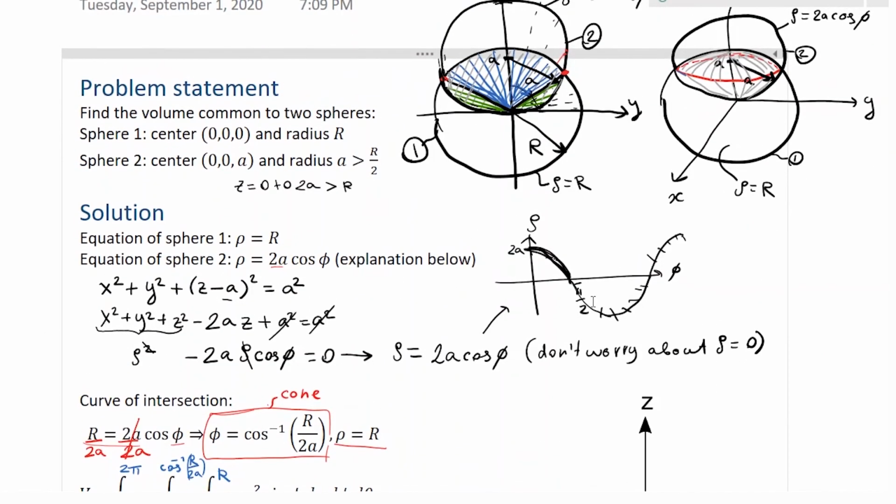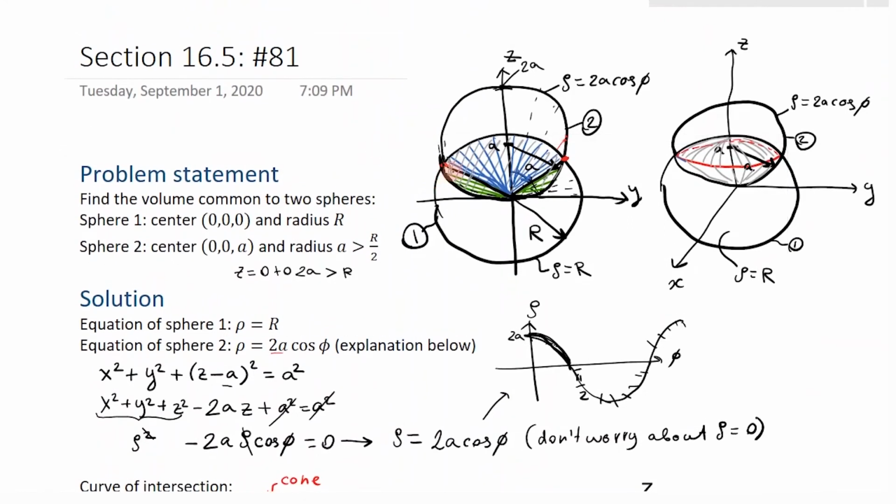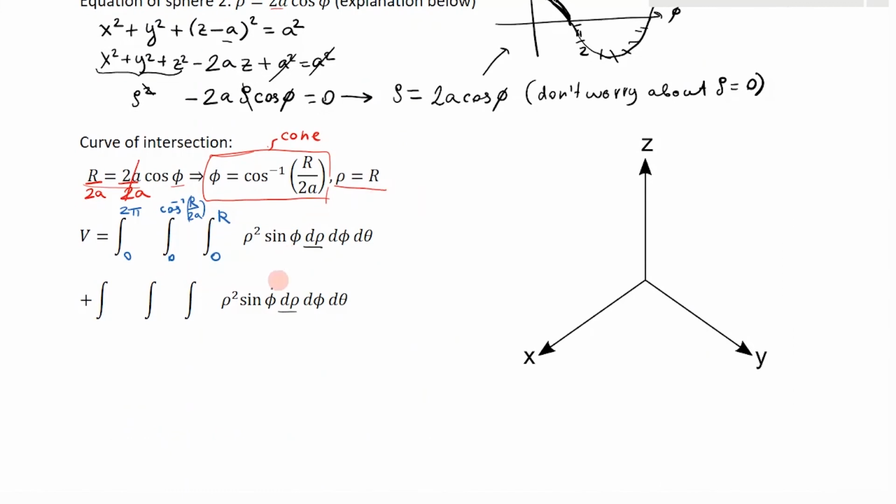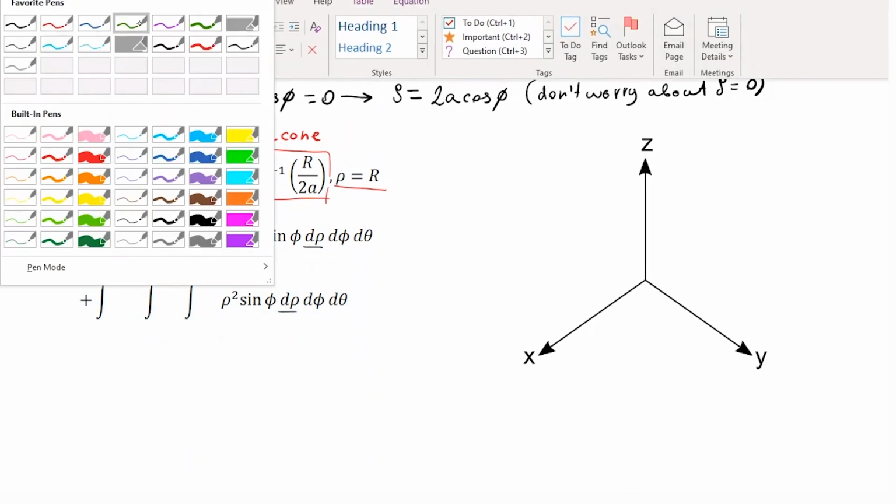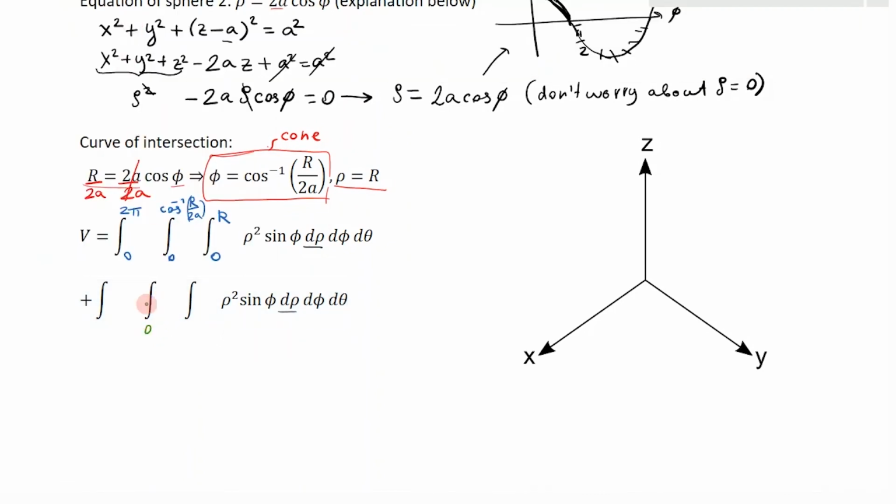Okay, so I hope I've convinced you that this green part is going to go between this and pi over 2. So this is going to be cosine inverse r over 2a to pi over 2.